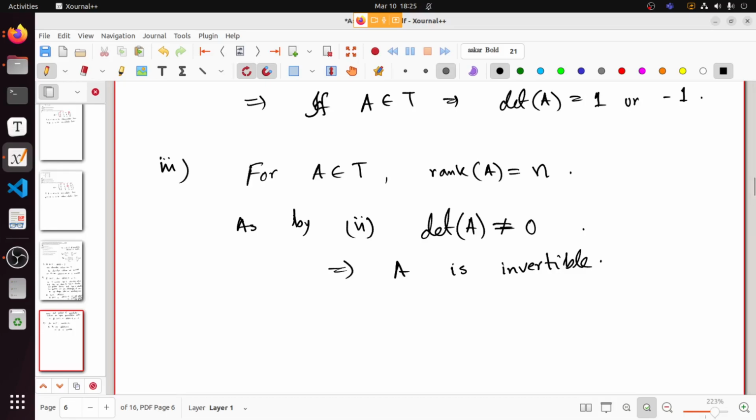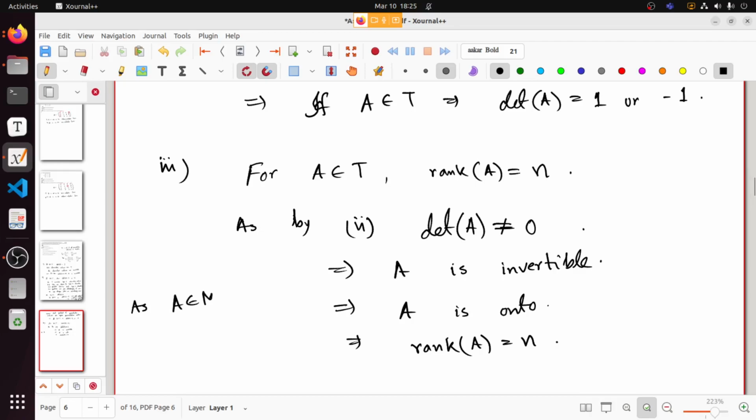Invertible means it is onto, and the rank is the dimension of the range space, which implies A is onto, which implies the rank of A is n, right? Because rank means the dimension of the range space, and the range is the full R n.